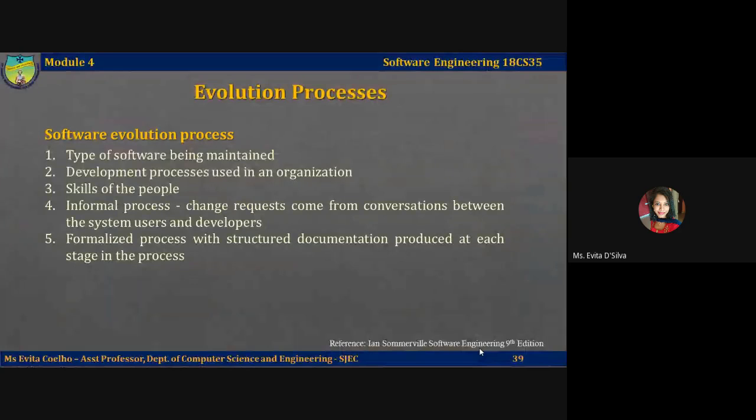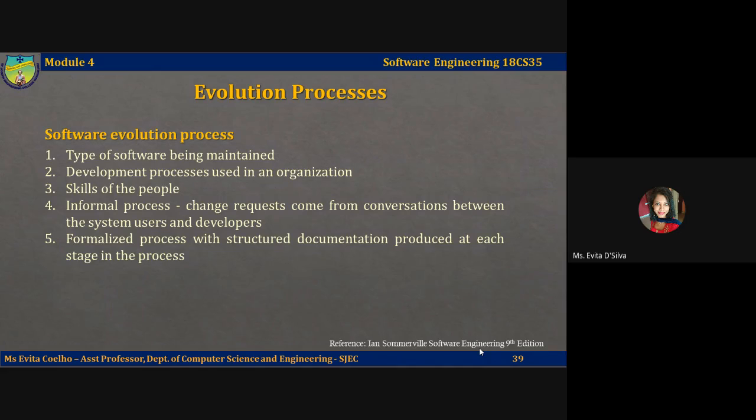In this lecture video, we are going to talk about the evolution process. Software evolution processes vary depending on the type of software being maintained, the development processes used in an organization, and the skills of the people involved. In some organizations, evolution may be an informal process where change requests mostly come from conversations between system users and the developers.